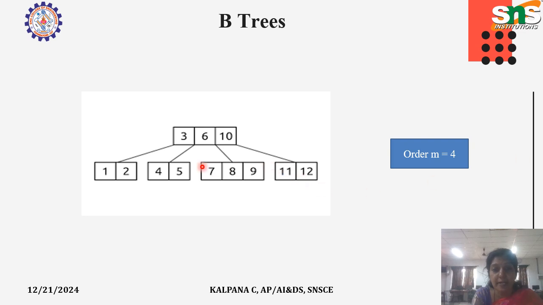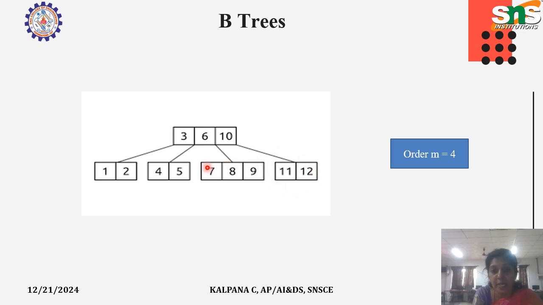And next, this is an example of a B tree. Here 3 6 10 is our root node. Here the order is 4, so we can have 4 children, and here we have 4 children. 1 and 2 is one child, 4 and 5 is one child, then 7, 8, 9 and 11, 12.